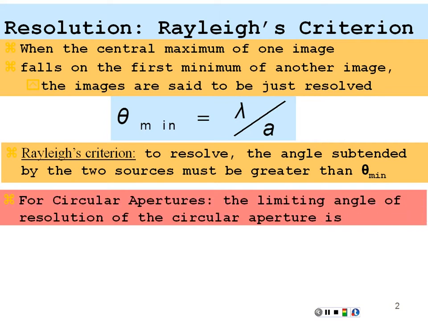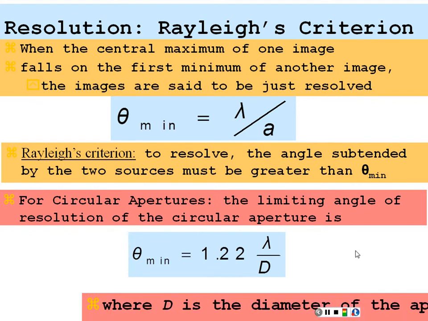In most cases, we're going to be looking at circular apertures, and the limiting angle for the resolution of a circular aperture is a slightly more difficult problem. You have to look at the diffraction interference in a circular two-dimensional sense, and that involves solving the area of the disk of that interference pattern, and that gives you the first term in the Bessel function, which is 1.22.